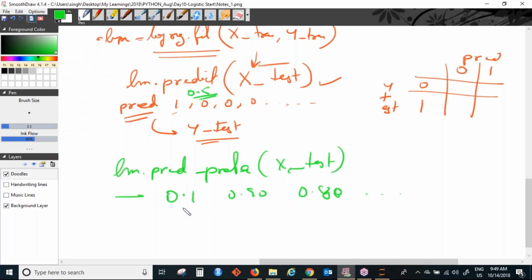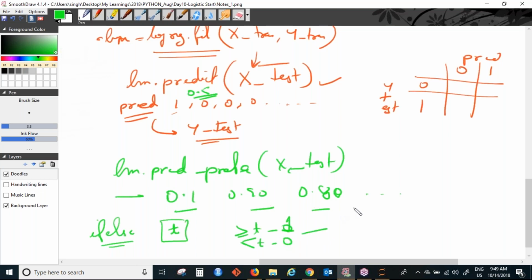Using these numbers directly, you cannot prepare the confusion matrix. So using if else in Python, you will have to convert these numbers to ones and zeros. You will take a threshold, let's say t, and whatever is above t is 1, whatever is below t is 0.